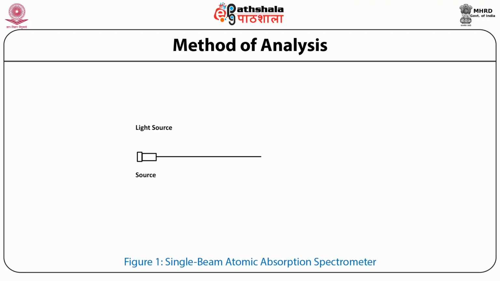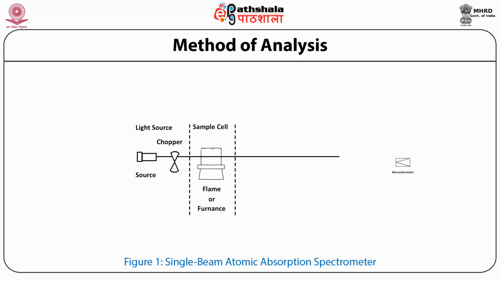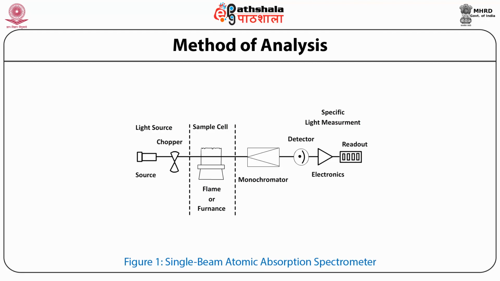This is a representation of a single beam atomic absorption spectrometer. It contains a source of light with a chopper, a sample cell, and flame or furnace, followed by a monochromator which selects the wavelength of the emitted light, then fed to the detector which analyzes the light.